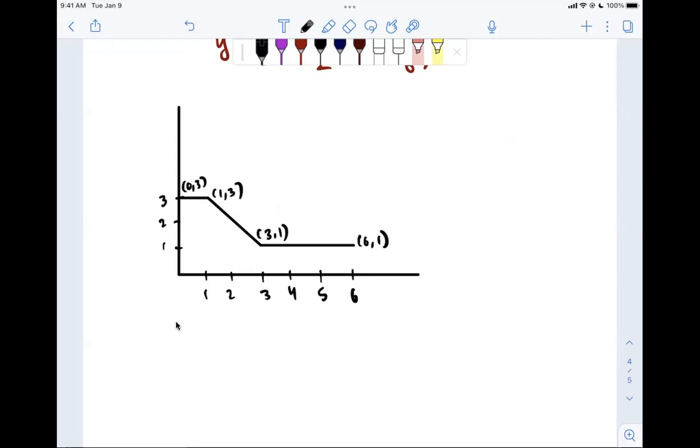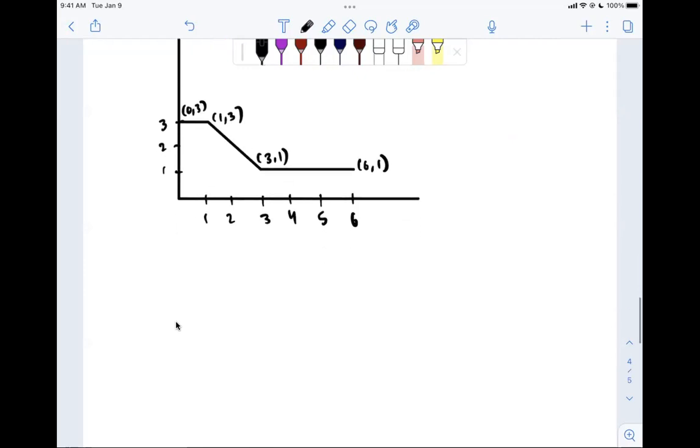And the questions are, first, find the derivative at x equals 5. So find dy/dx evaluated at 5. All right, then find the slope of the tangent line when x equals 2.